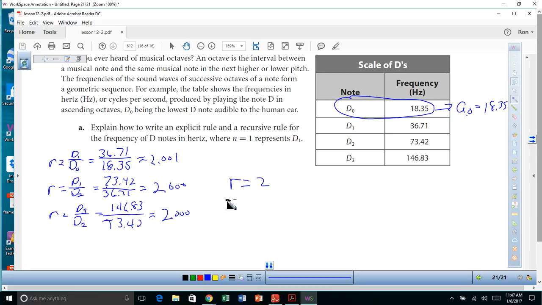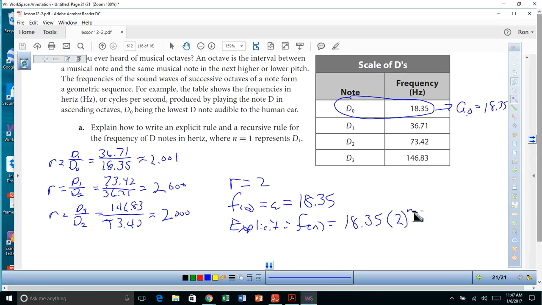And we've got F of 0 equals A, which is 18.35. So our explicit rule would be F of n equals 18.35, that's A, times 2 to the nth power for n is greater than or equal to 0.